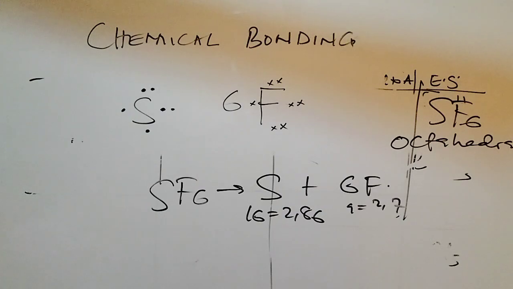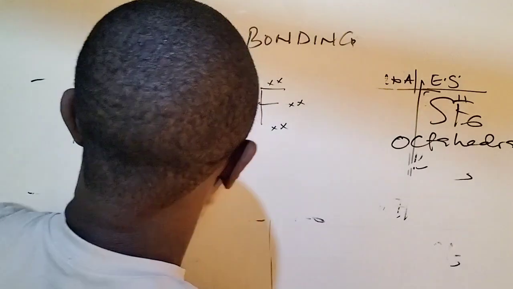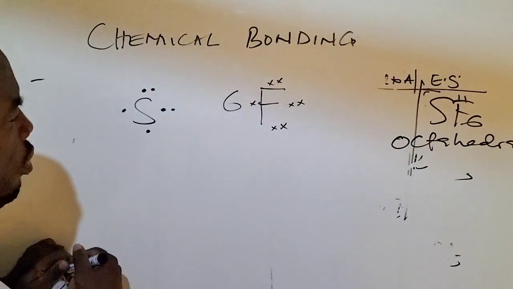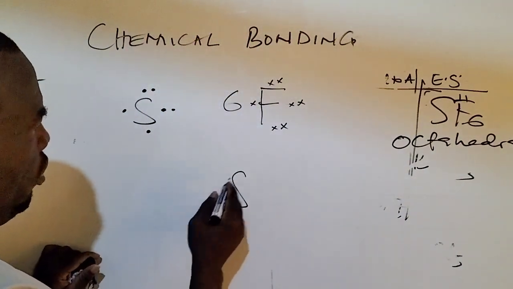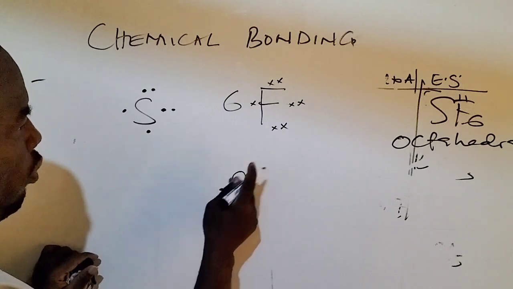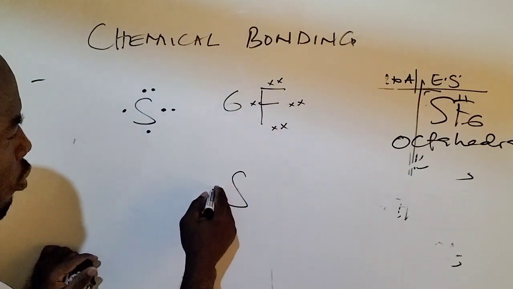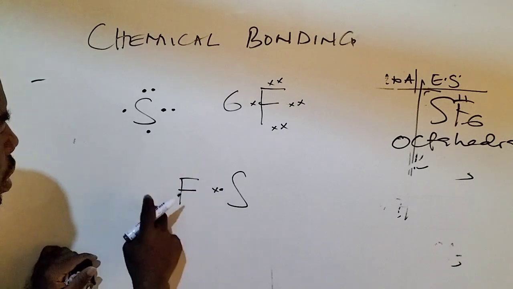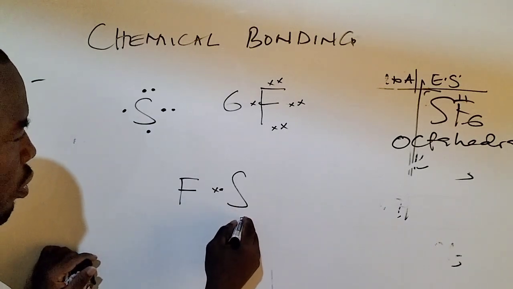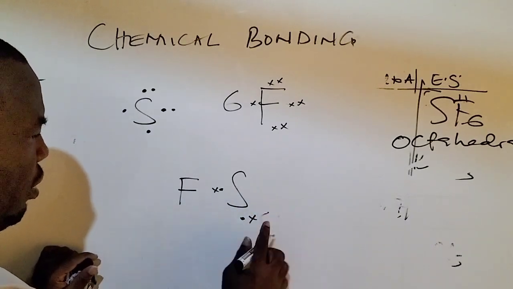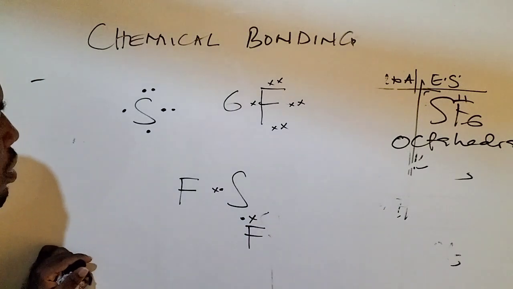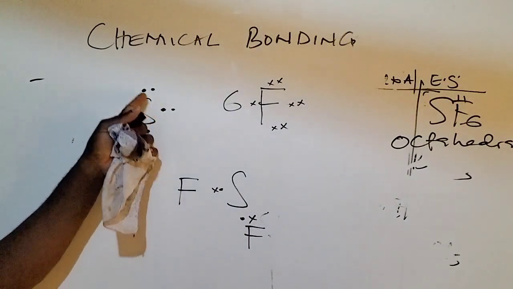So let's see how it goes. Now we have 1 electron from sulfur, 1 from fluorine, bonded here. 1 from sulfur, 1 from fluorine, also here. So you see that sulfur is 2, 8, 6.